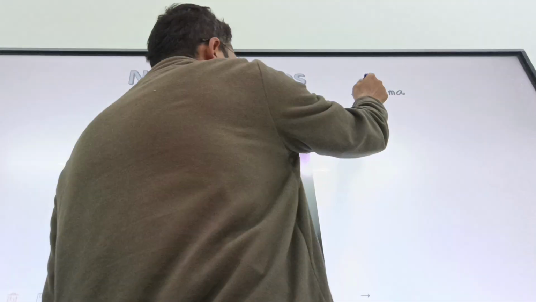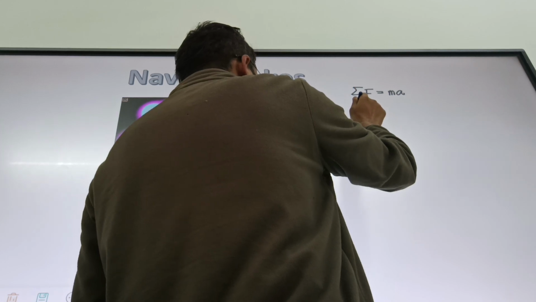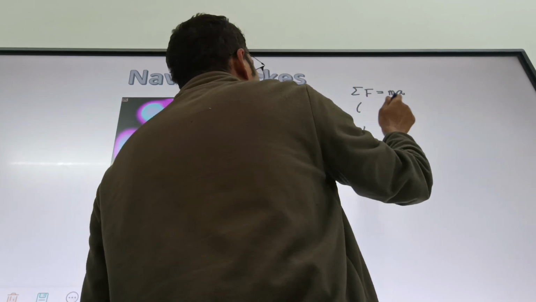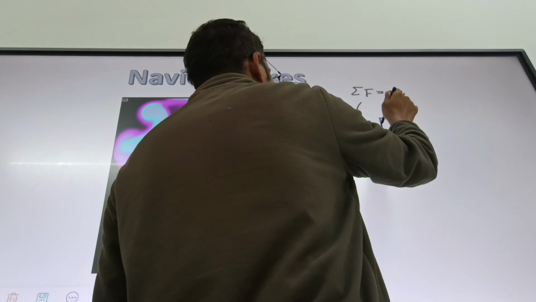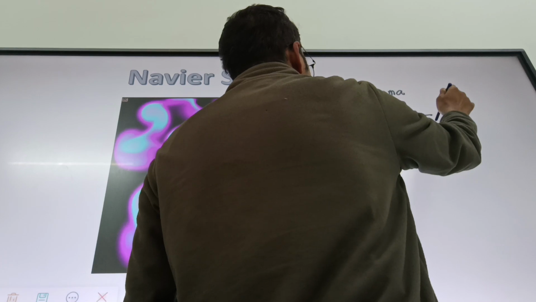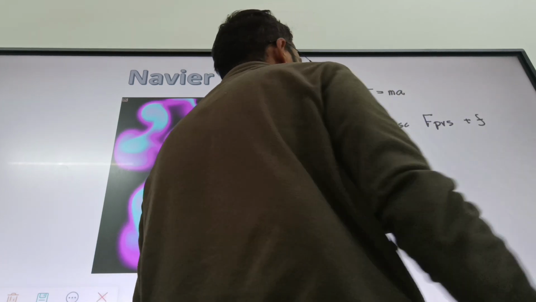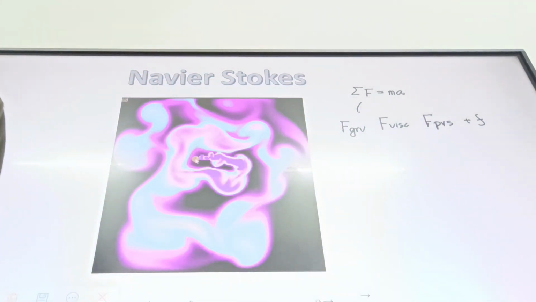And what all comes in this summation of F? One is gravity, plus viscosity, and one is pressure, plus some miscellaneous outside forces. So basically these three forces are there.